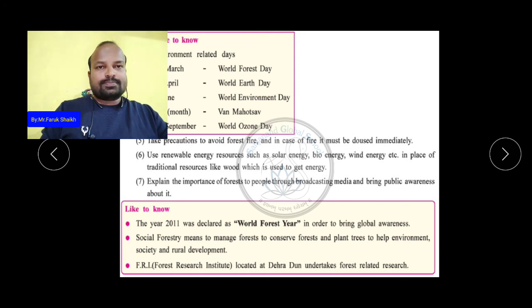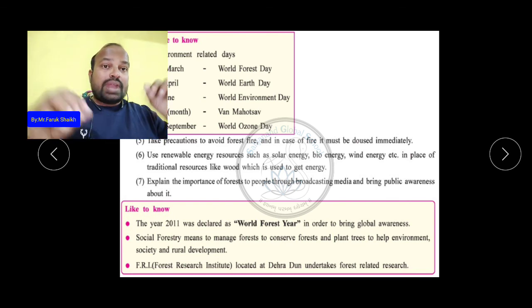We should protect and conserve them, and of the remedies given in this chapter, at least one or two we should follow. And on any environment related days, we can celebrate with our friends and family, like World Forest Day or Van Mahotsav day, by planting trees. And we can also look after them, not just plant them and then forget about it.